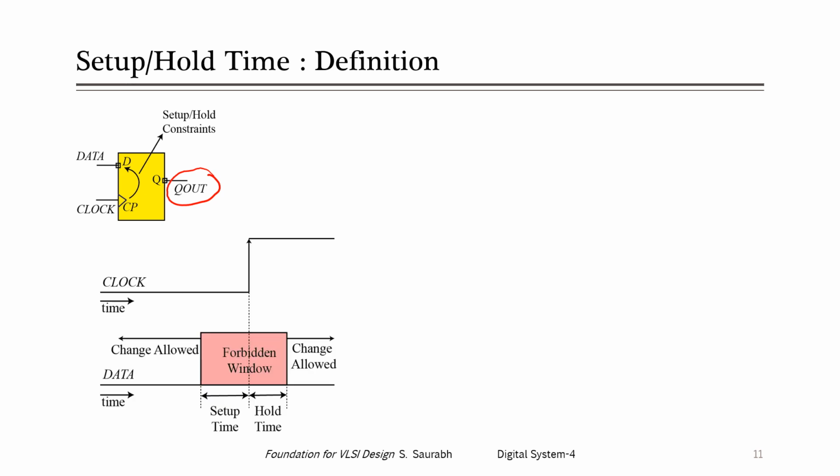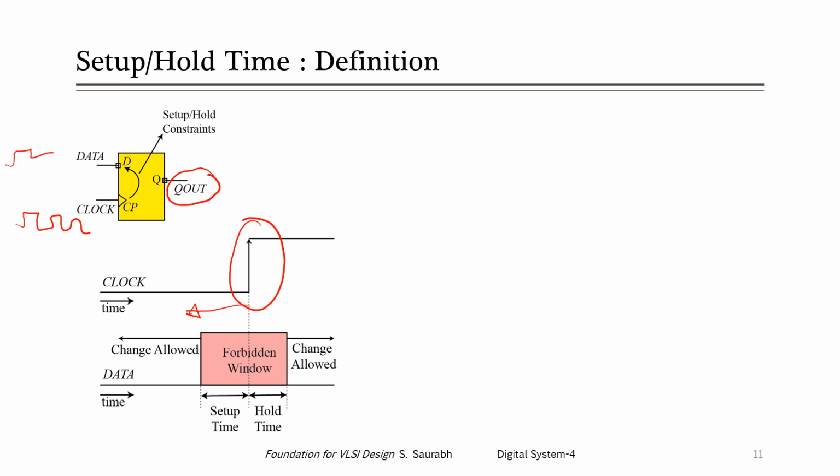So around the clock edge, we have a forbidden window, right? On the left side of the clock edge, we have a setup time. When the clock is coming at the clock pin of the flip flop, data can also change, right?